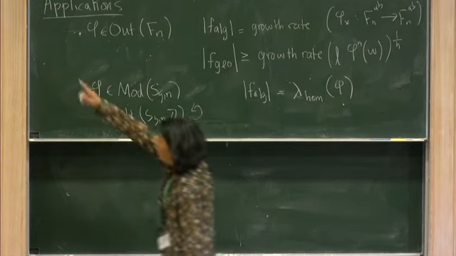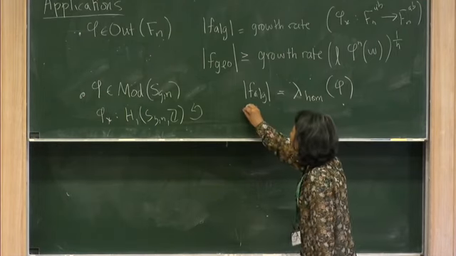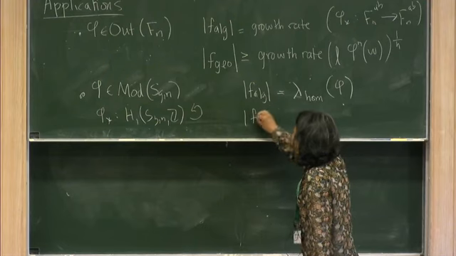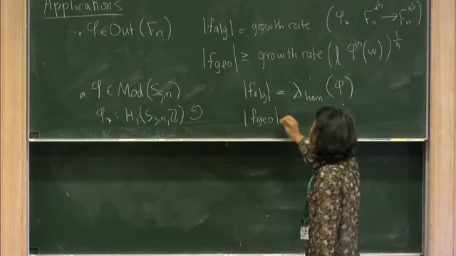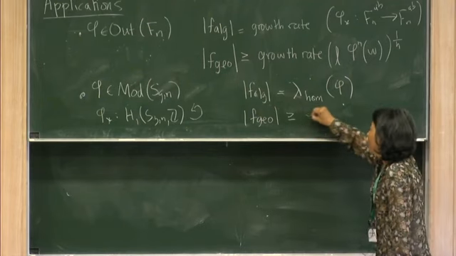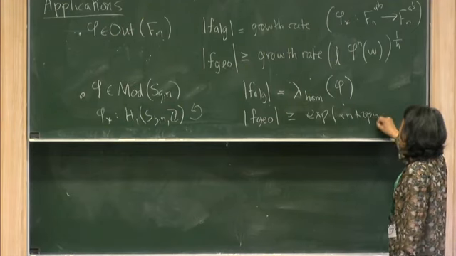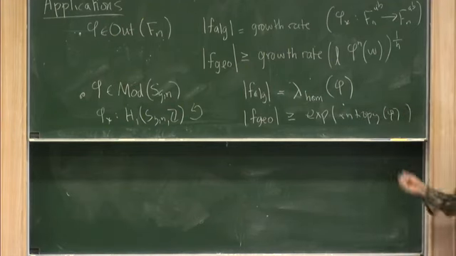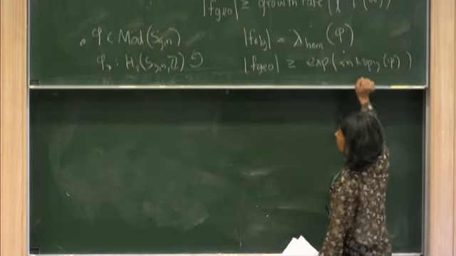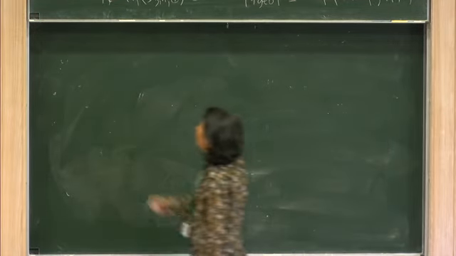Again, I just take a graph which fills the surface, and f_geo is sort of an upper bound for the entropy of phi. Okay, but you can do better in special cases.